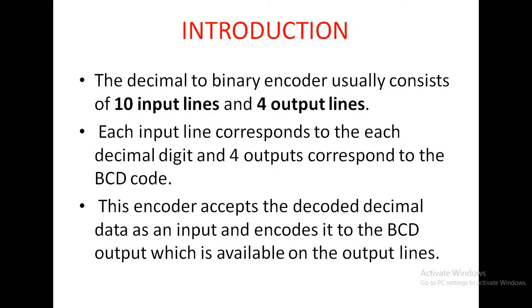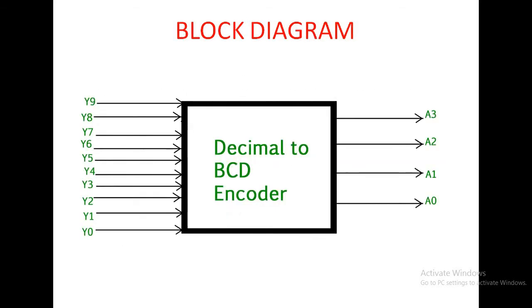So this is the block diagram of your decimal to BCD encoder. 10 input lines are there: Y0, Y1, Y2, Y3, Y4, Y5, Y6, Y7, Y8, Y9. These are my input lines, and according to BCD, 4 output lines are there: A0, A1, A2, A3.